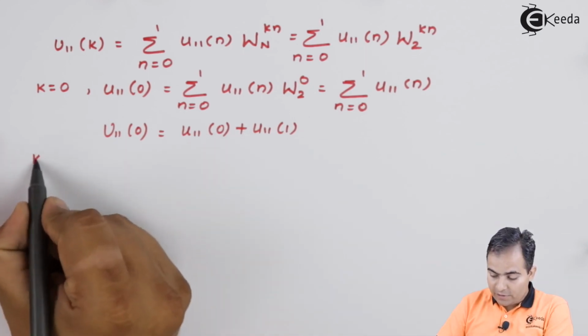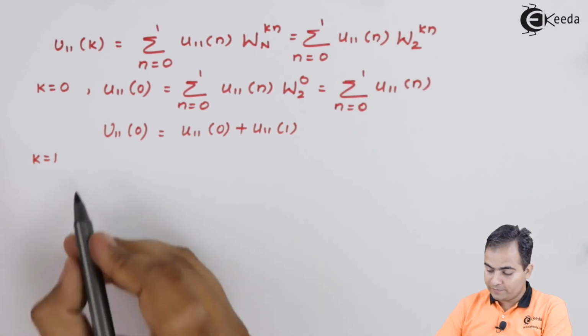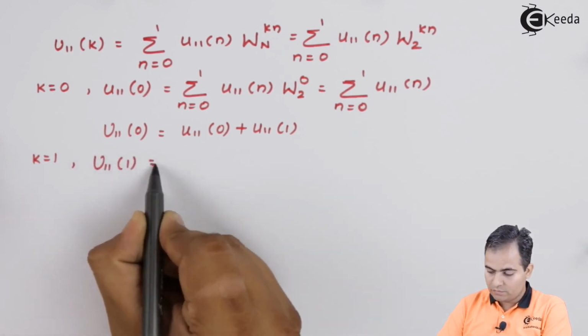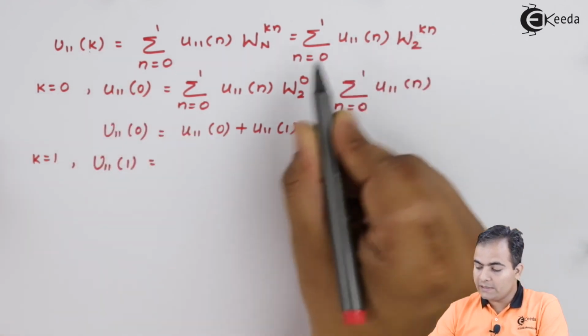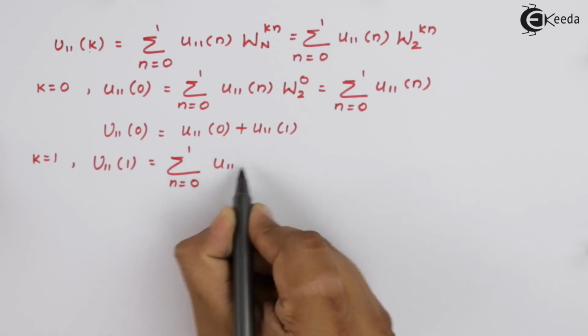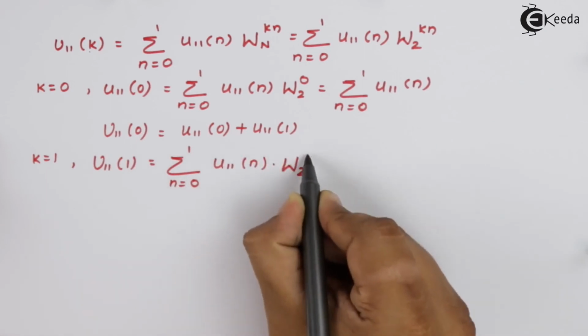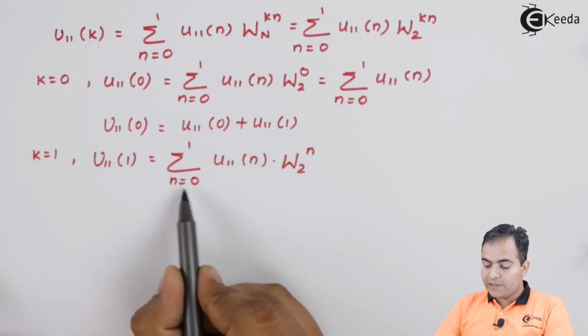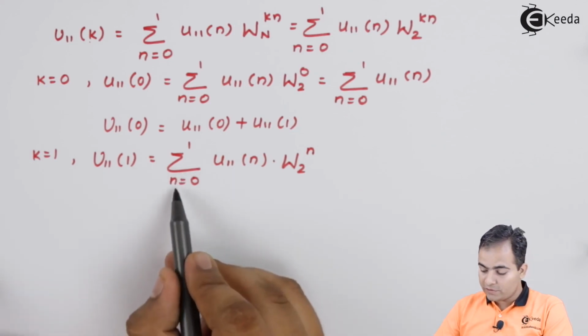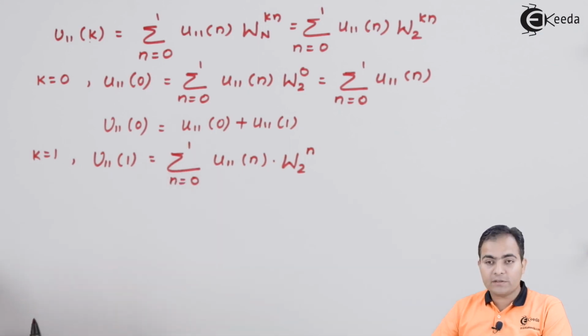Now we will calculate for k equals 1. So all these k are replaced by 1. We will break this summation: first we substitute n equals 0, and then n equals 1.